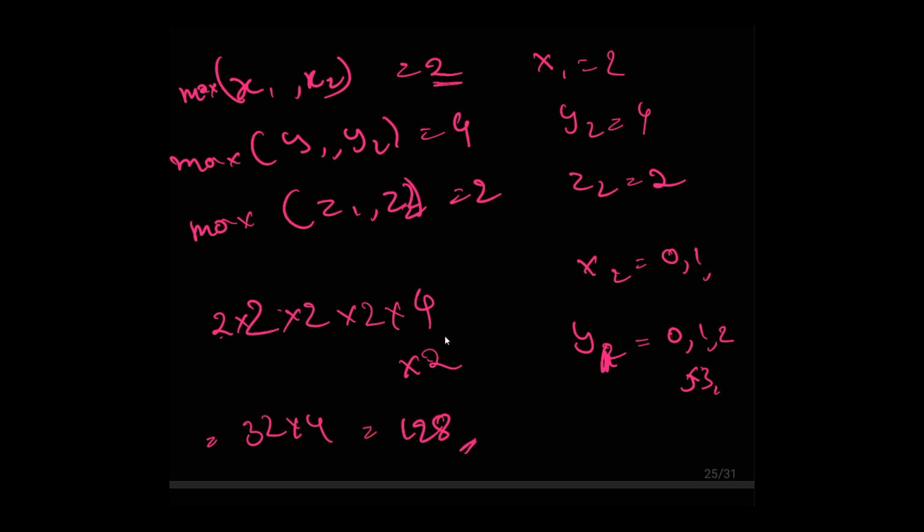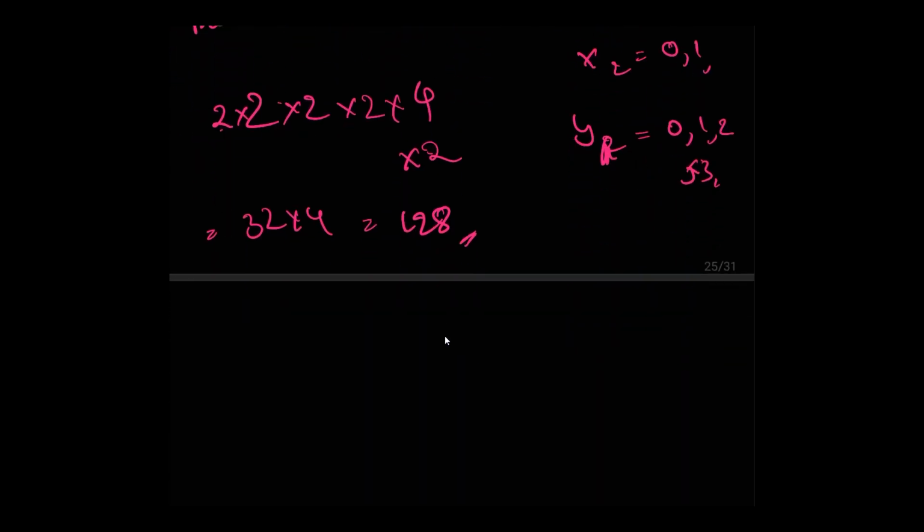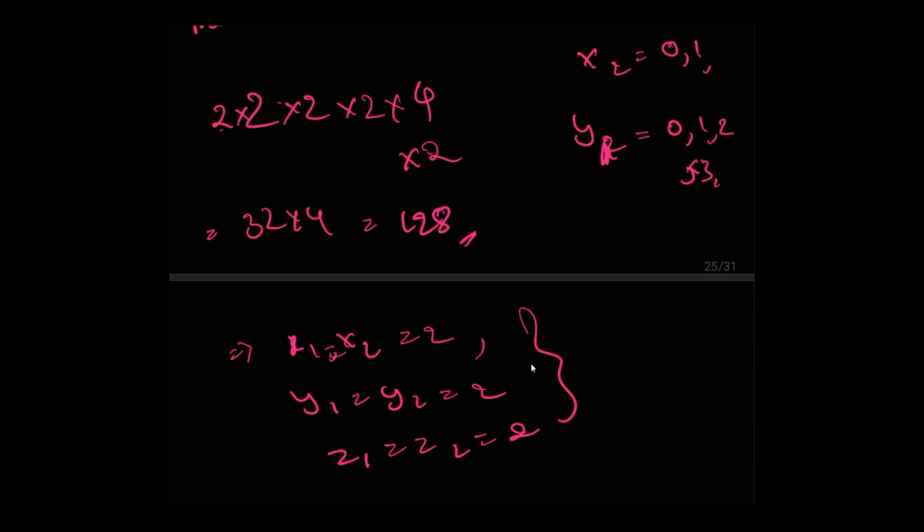Then again after that, both are the same, meaning x1 equals x2 equals 2, y1 equals y2 equals 2, and z1 equals z2 equals 2. This will be again 3 times.